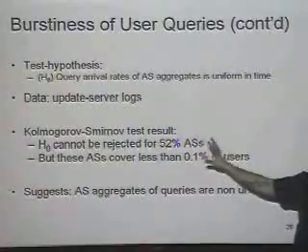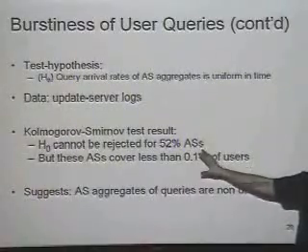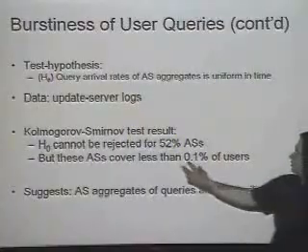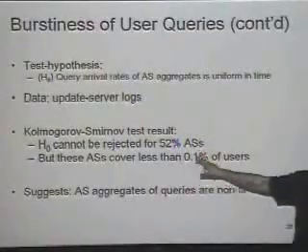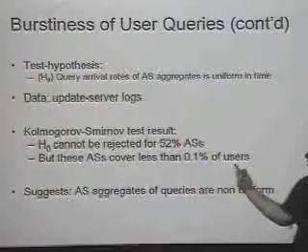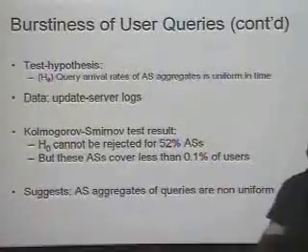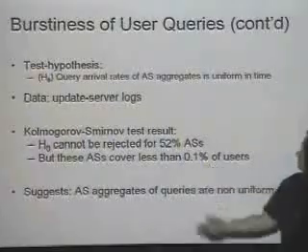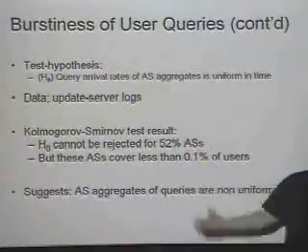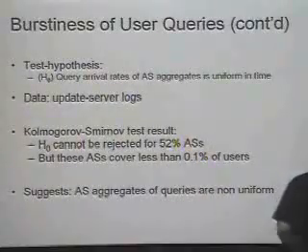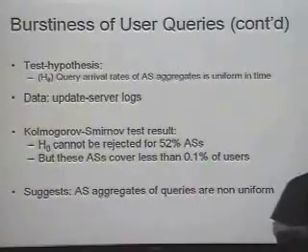You cannot reject the uniformity hypothesis. But if you count how many users live in those ASs, they amount to a very tiny fraction, 0.1% of the total number of users. It is fair to say that this uniformity would in a typical case correspond to those ASs from which you observe just a few queries.